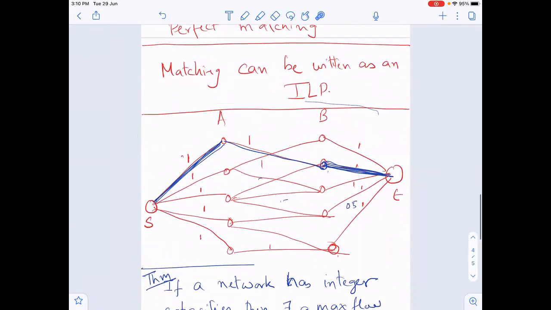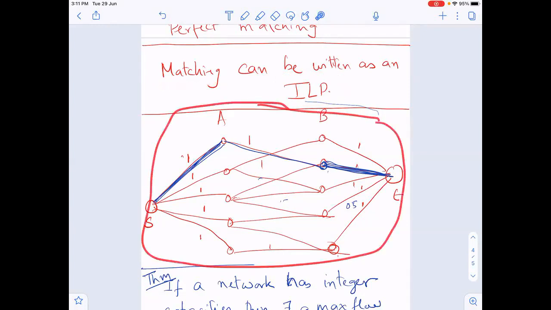But what we can see is that max flow can be solved in LP in polynomial time. A matching can be written as an ILP, or a matching can also be written as an integer flow problem.